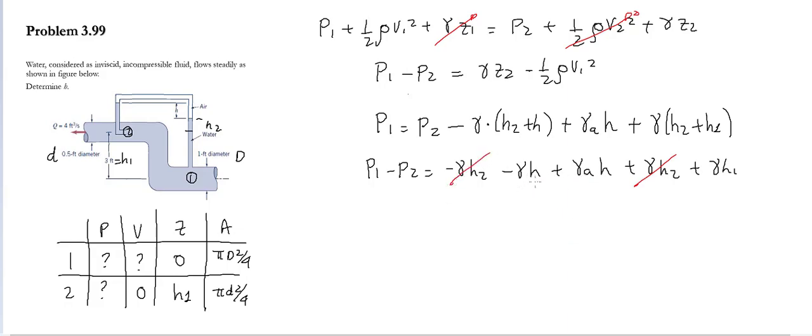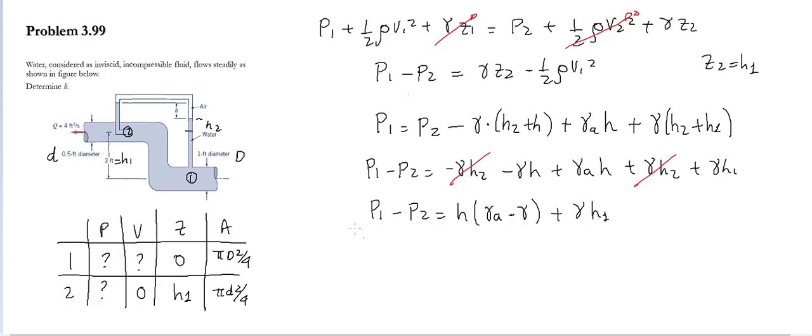And we're left with the elevation H of the manometer and the difference between the 2 points. So we write P1 minus P2. Let's factor out H in this case. So H is going to be equal to gamma of air minus gamma, and then we have gamma H1. And remember that Z2 and H1 are the same based on the table.